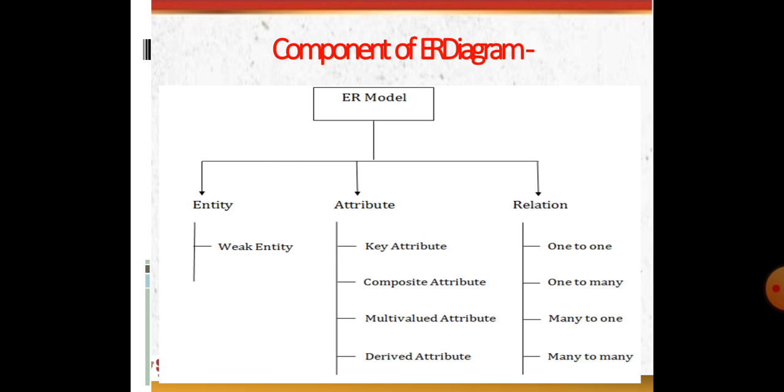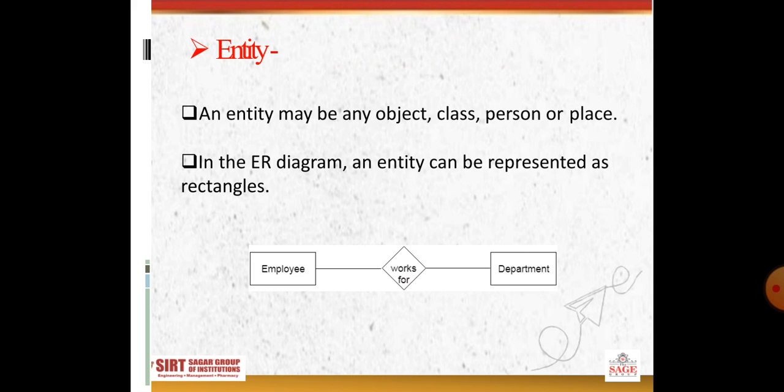The properties of entities are known as attributes, and these attributes are further decomposed into key attribute, or we can say that prime attribute, composite attribute, multi-valued attribute, and derived attribute. And the relationship between different entities are represented by relation, and these relations are divided into four types: one to one relation, one to many relation, many to one relation, and many to many relation.